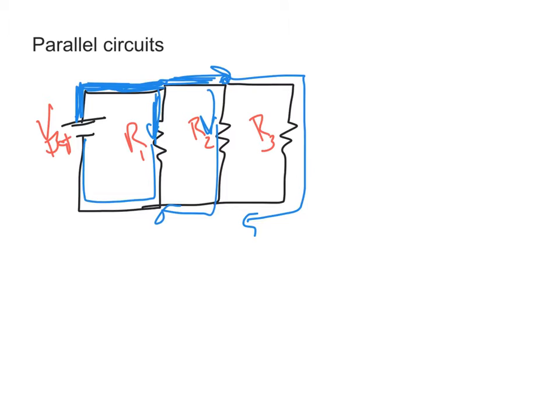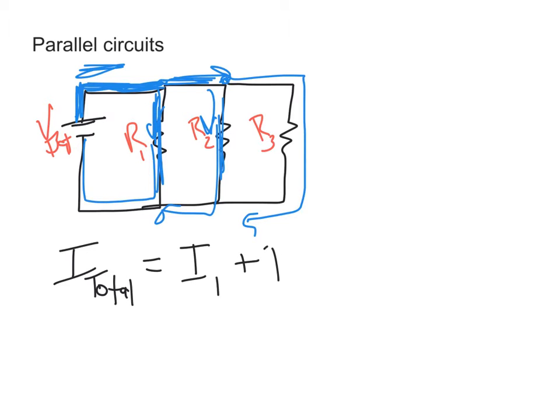I cannot have more current going through 1 and 2 than I have right here. Okay? So the total current has to add up. That's the difference here. Your total current in a parallel circuit is the sum of the individual currents.